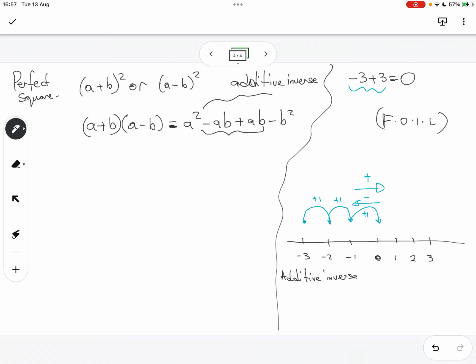Additive inverse. Let's start by defining what the word inverse means. So an inverse or something that is inverse, it means it's reversed in order, nature, or effect, right?